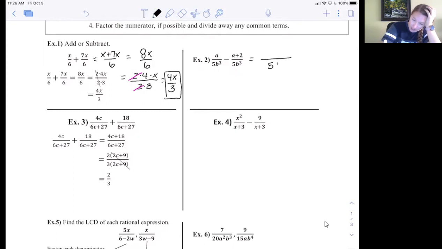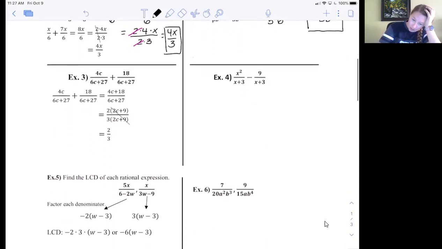The denominator stays the same, 5b cubed, and on the top I do a minus a plus 2. So a minus a is just 0. Then I'm left with 2 on the top and 5b cubed on the bottom, and that's as reduced as it can get.